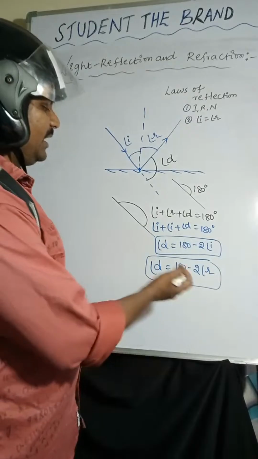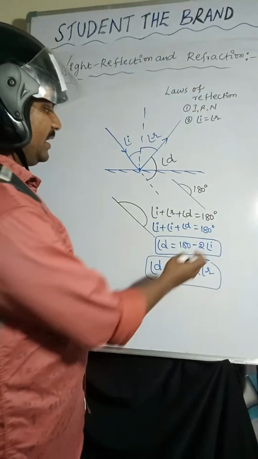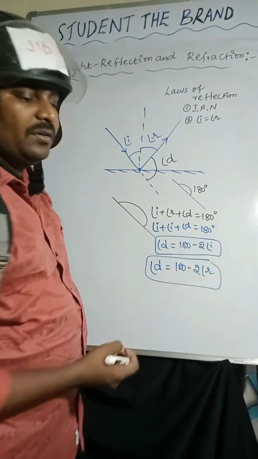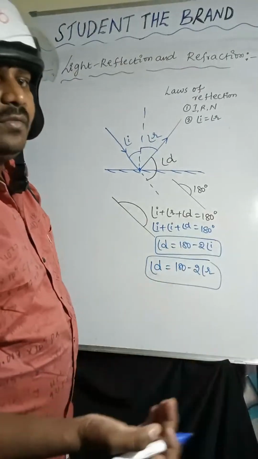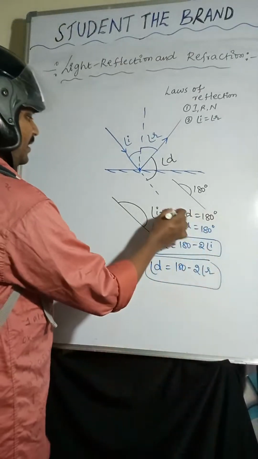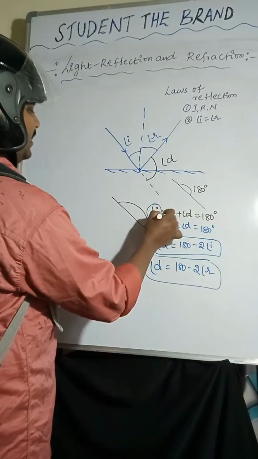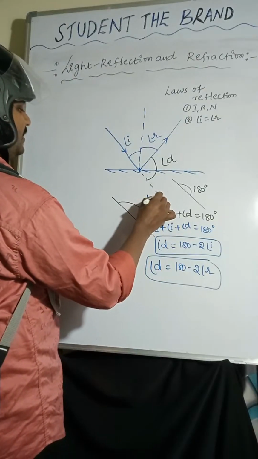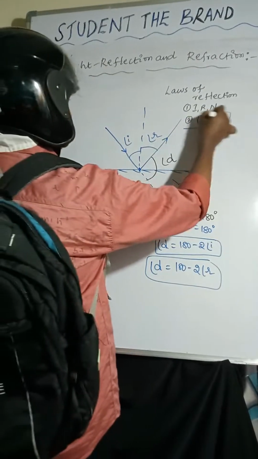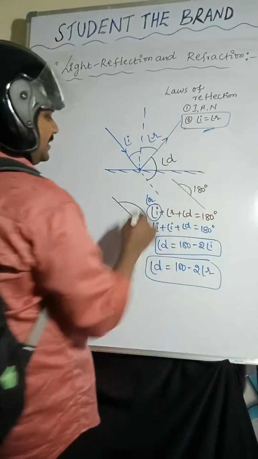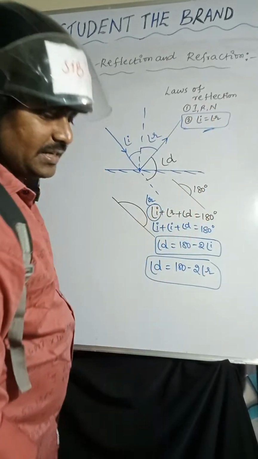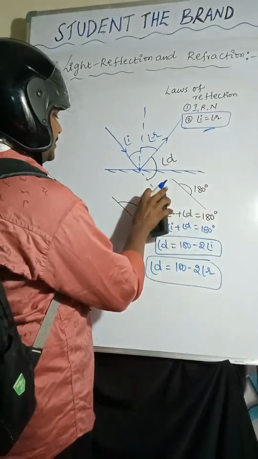Sir, why are you taking angle of reflection? Here you wrote angle of incidence, here you wrote angle of reflection. How is it possible? According to laws of reflection, in the place of angle of incidence, you can write angle of reflection.